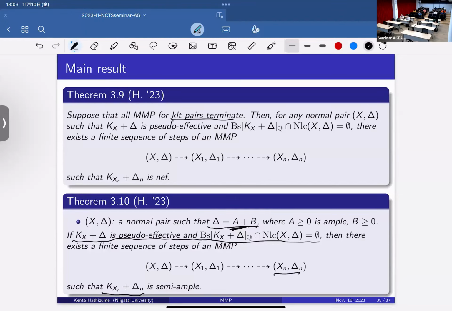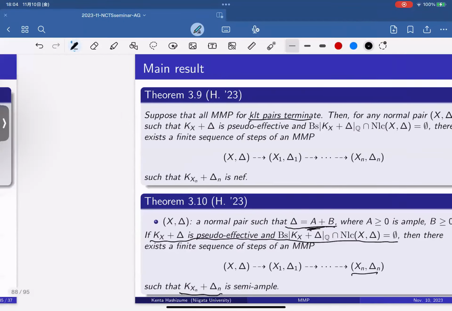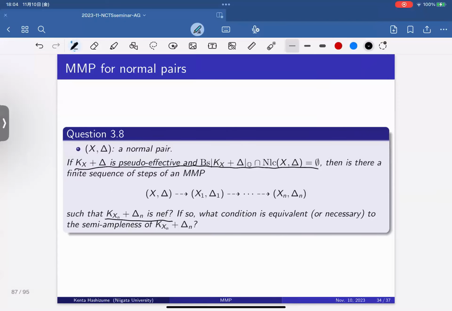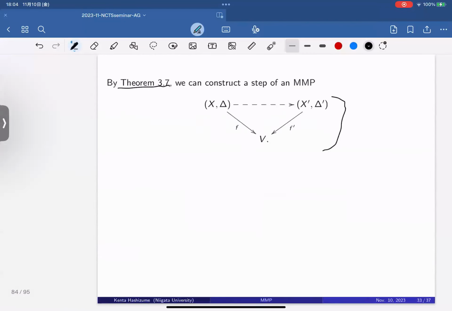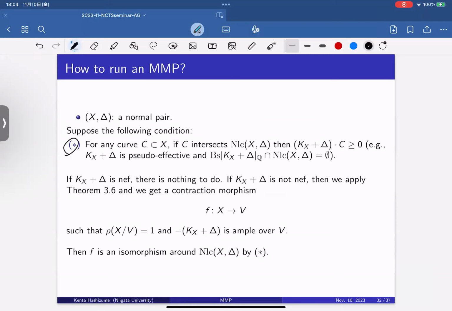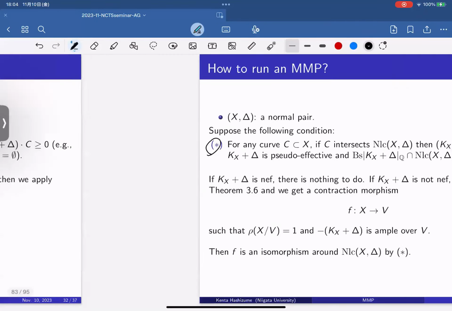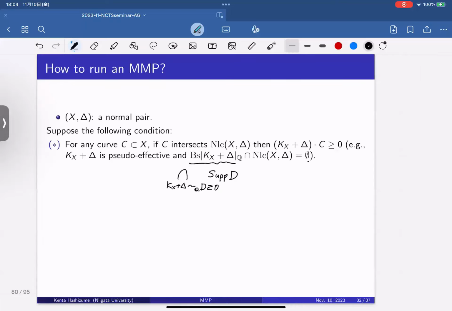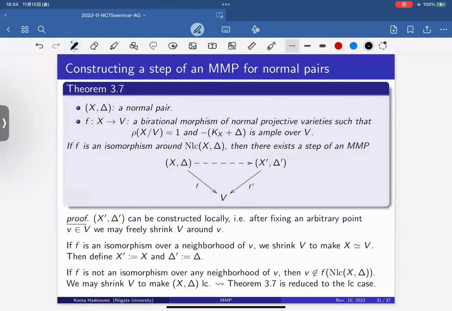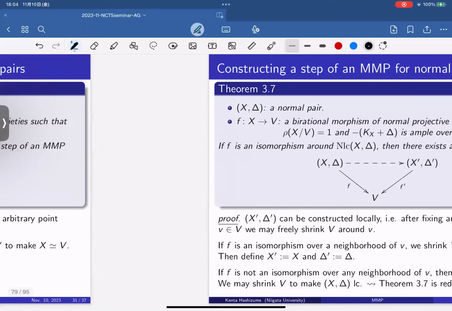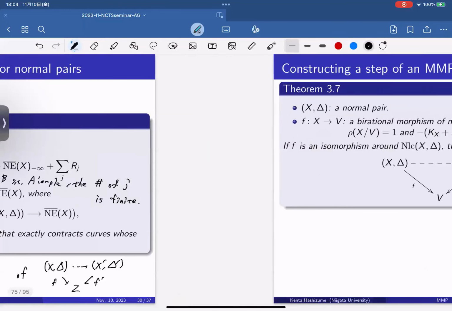And also, what are the main differences between the MMP for KLT pairs and the MMP for LC pairs? Yeah, in the KLT case, it is easy to change the boundary part Δ.